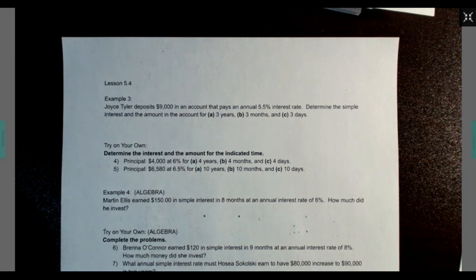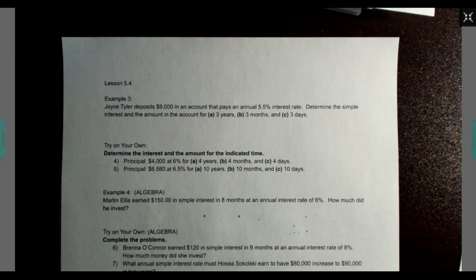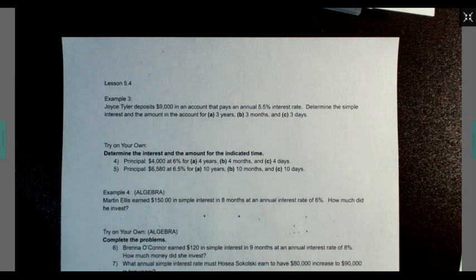There were 2 pieces of information that I really should have talked about before we moved on. And that is rate should always be in the form of a decimal. And time is always a fraction of a year.